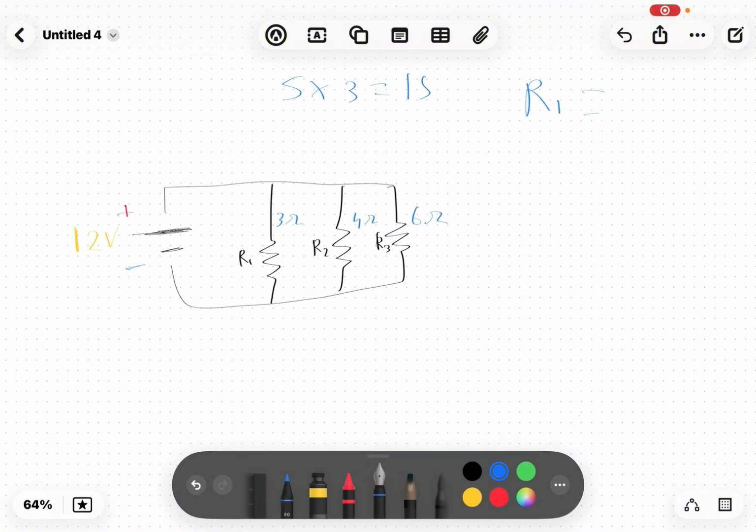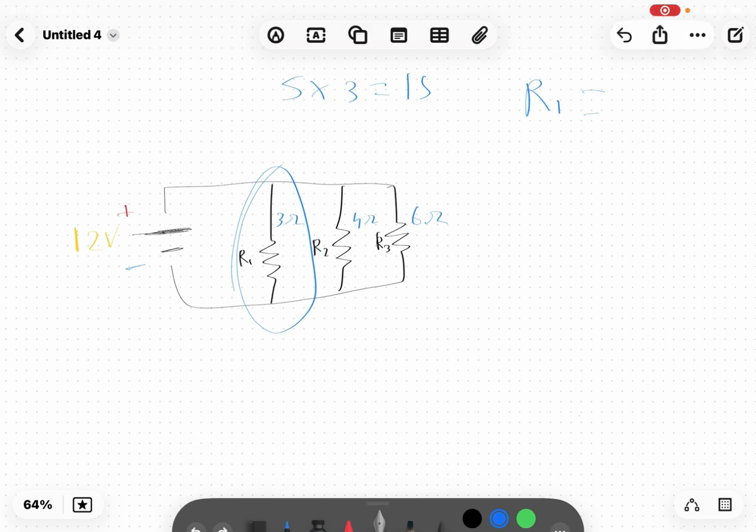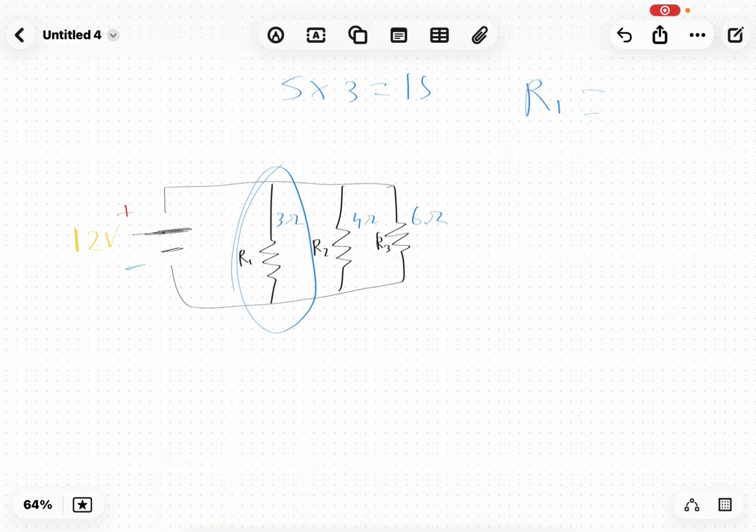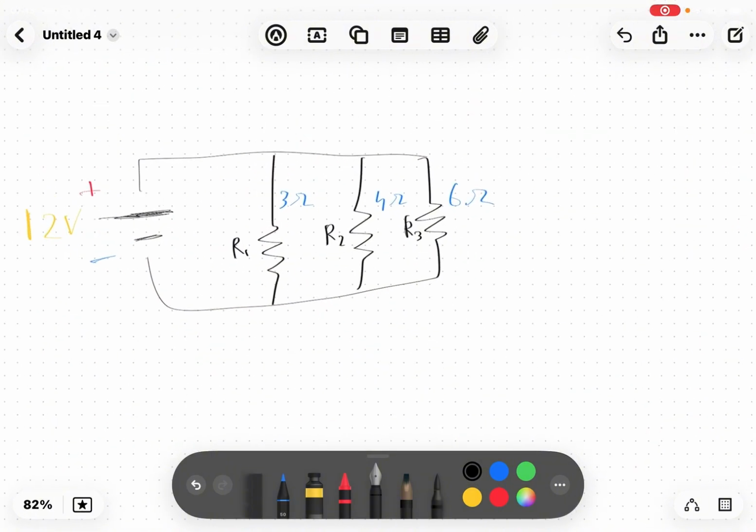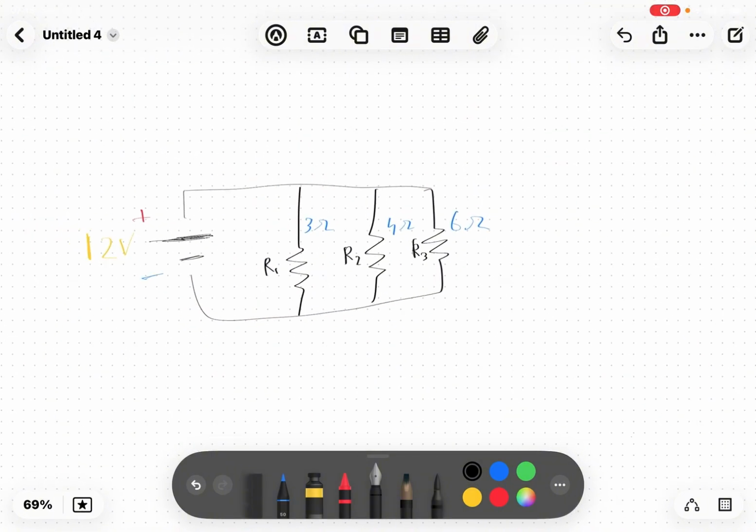Now we have the parallel circuit, and let's try to do it with this question. There is an equation like R total equals 1 over the sum of the reciprocals, however we can do it in a simpler way. We have the values of the resistors. And remember, even though they're in parallel, the voltage across all of them is still the same.